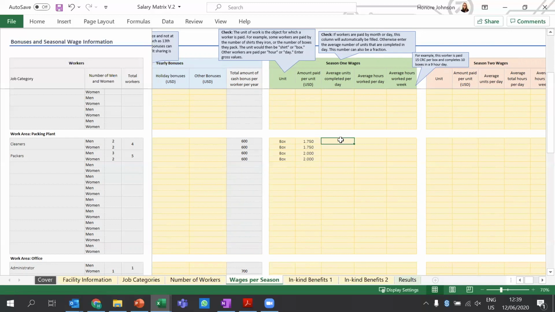The average units completed per day for the cleaners is 20 for both men and women, and for the packers it's 22. The average hours worked per day stays the same. It's about 8 hours per day and 48 hours per week.